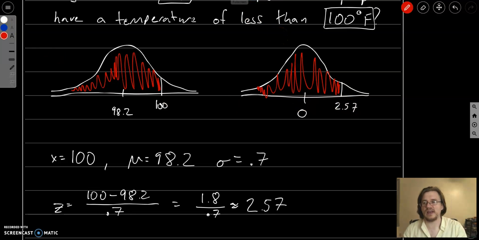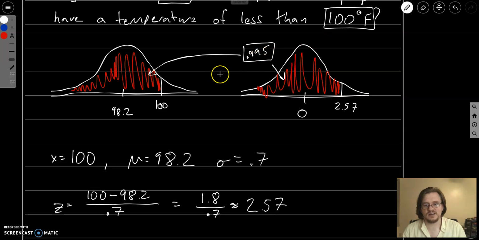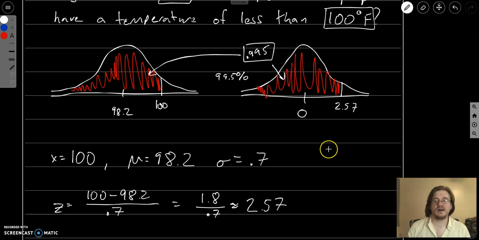So this area is going to be 0.99 if I round to 5, and that is also the same as this area. So what percentage of people will have a temperature less than 100? 99.5% of people.